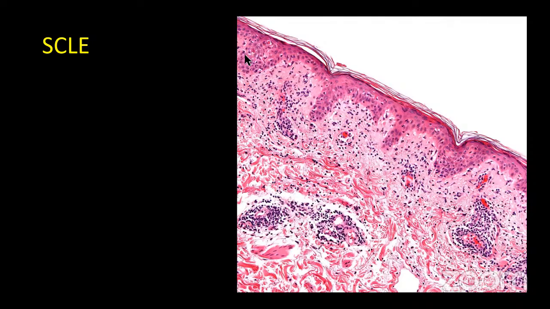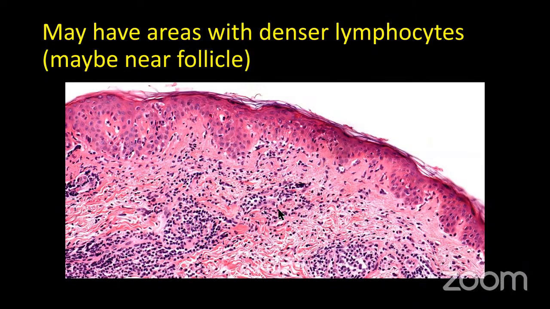Some dyskeratosis here, vacuolar change, also some perivascular infiltrate. Probably some mucin here. Sometimes you can't see it. You have to highlight it with a colloidal iron stain. Different labs may have more or less mucin on their H&E stained sections. But here, an example where it can be denser sometimes in lupus.